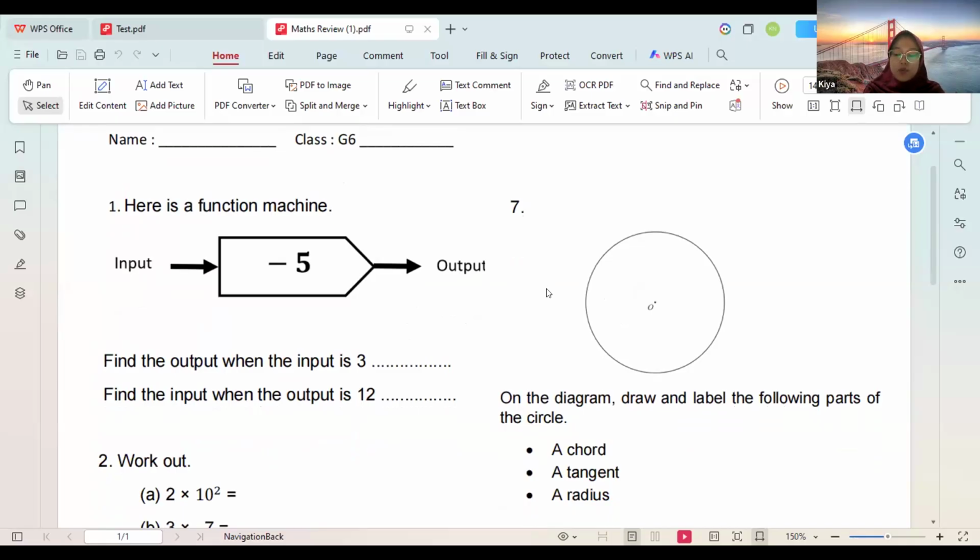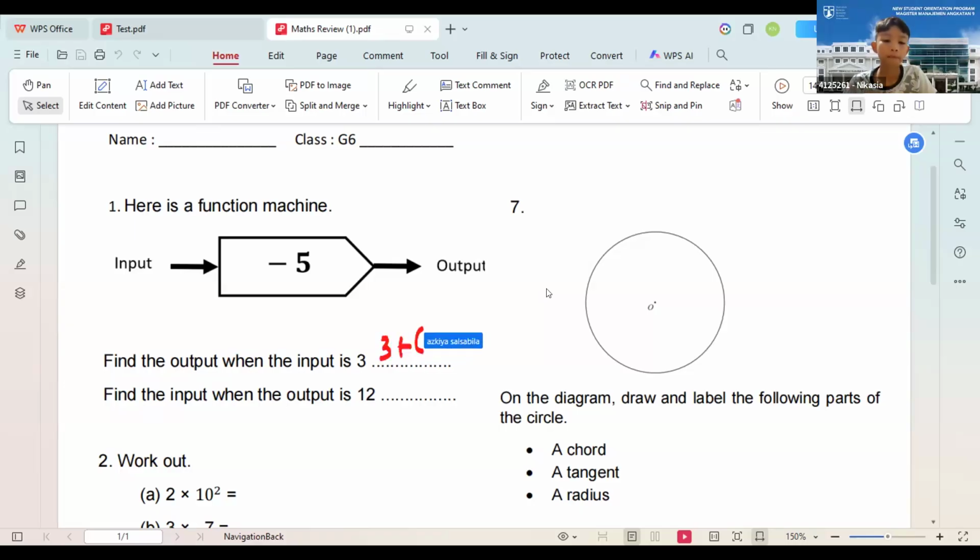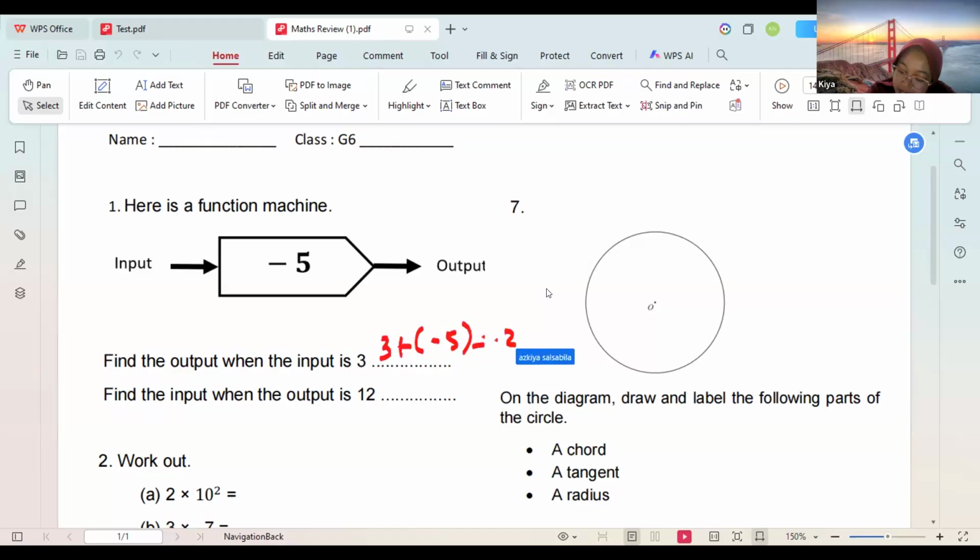Find the output when the input is 3. -2. Why? Because 3 plus -5 equals -2. Yeah, perfect, Jay. And then how about the second?